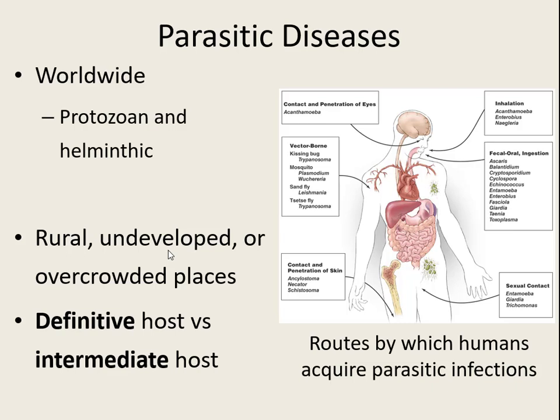Just based on my picture, there are a lot of ways in which humans can acquire parasitic infections. We can inhale them. We can get them in our eyes. We can get them through various types of insects. Some can just burrow right through our skin. Some are sexually transmitted, but the biggest group, just like with bacteria and a bunch of viruses, is fecal-oral.